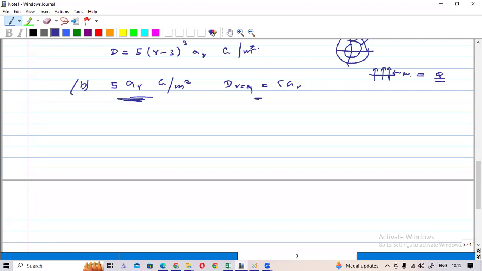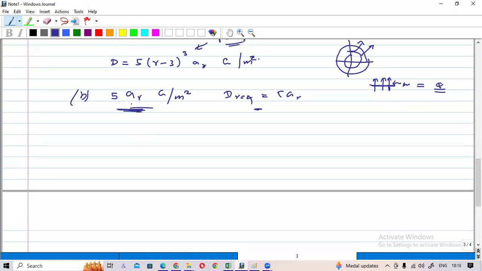That is the Gauss law. So here you have to find the flux leaving the surface perpendicular. That is again a sphere.